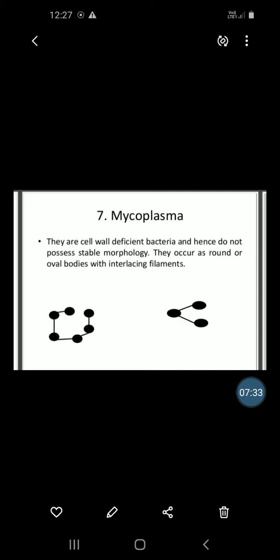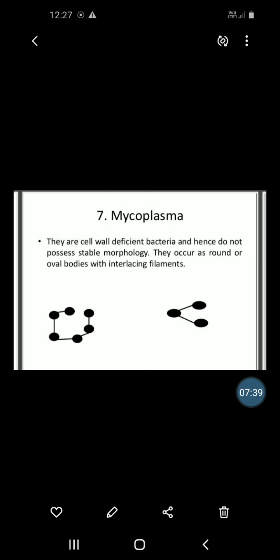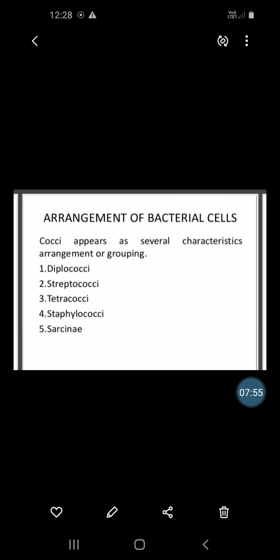They occur as round or oval bodies with interlacing filaments. Therefore they occur as round or oval bodies with interlacing filaments.